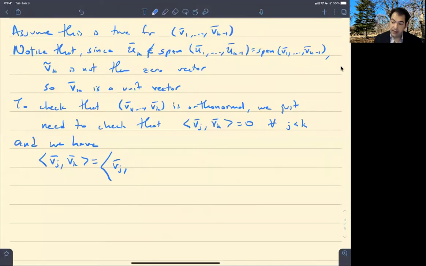Okay, Vk is, by definition, 1 over the norm of Vk tilde times Vk tilde.